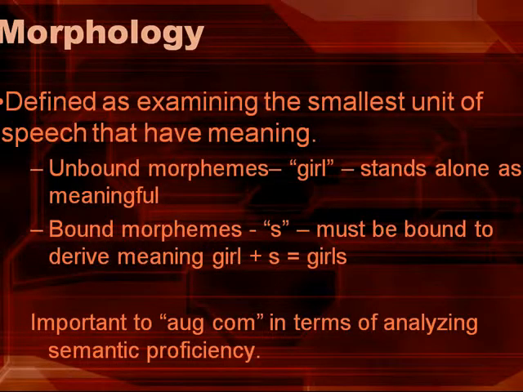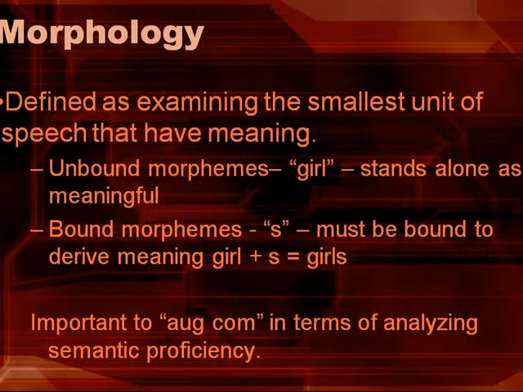Morphology is the examination of the smallest unit of speech that have meaning, so how well an individual uses morphology. So we look at unbound morphemes, that is, words that stand by themselves and have meaning. So girl, for instance, we can all picture what a girl looks like. Bound morphemes, like s, must be bound to derive meaning.